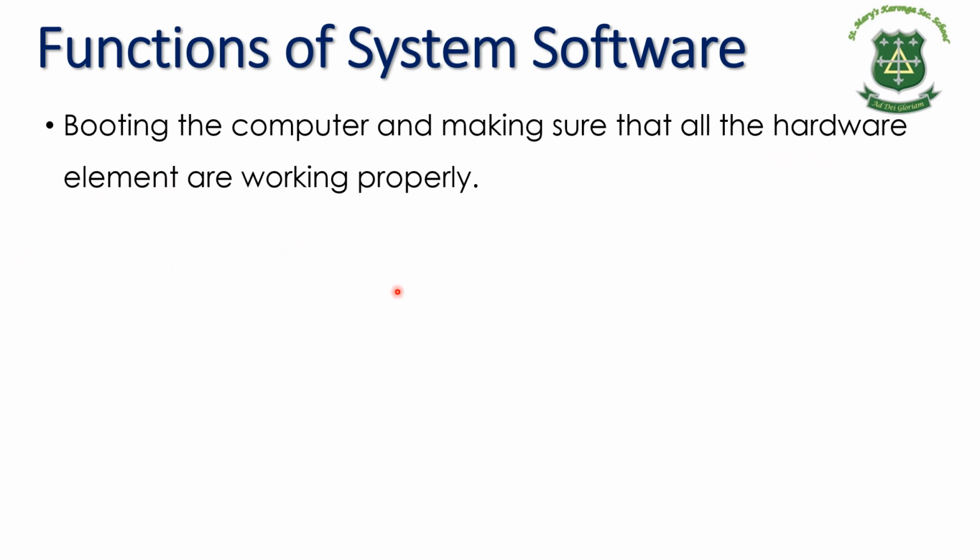Number two, formatting disks. When you want to erase or format, it is to delete permanently something that is stored. So we call it formatting. When you are formatting disks, you want to clear the disks. The operating or the system software is the one that works there.